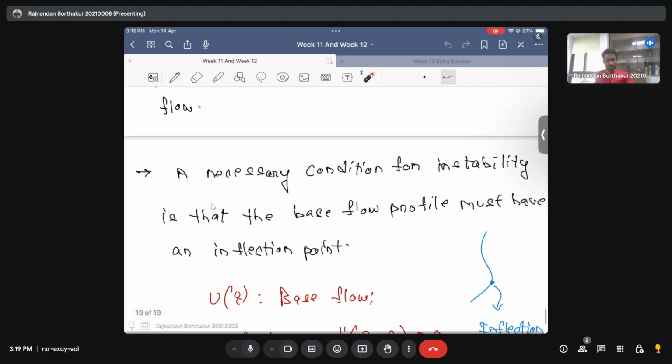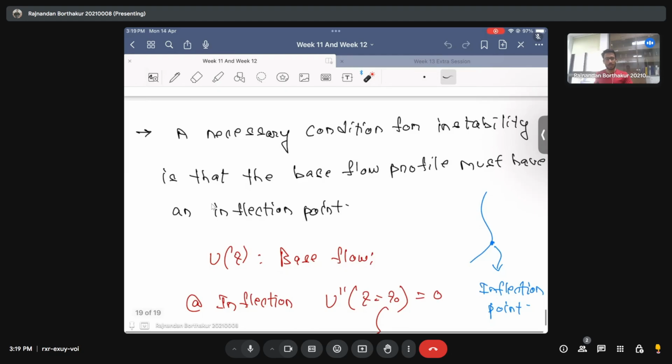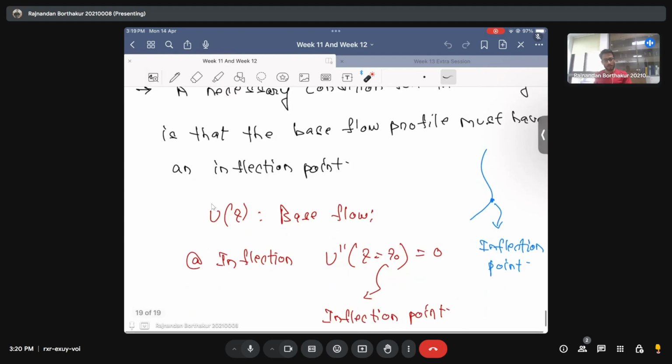So the Rayleigh inflection point criterion, and this is where we stopped in the last class, says that a necessary condition for instability is that the base profile must have at least one inflection point. Meaning that somewhere in the domain, let's say 0 to 1, there has to be a certain value Z0 between 0 and 1 where U double prime of Z0 is equal to 0, which is the very definition of an inflection point.